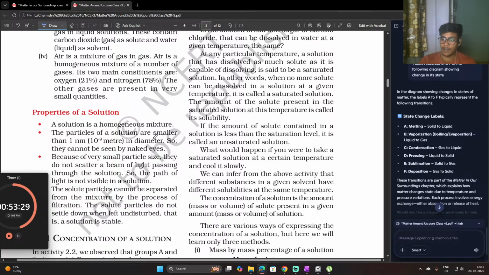We can infer from the above activity that different substances in a given solvent have different solubilities at the same temperature. The concentration of a solution is the amount, mass or volume of solute present in a given amount, mass or volume of solution.